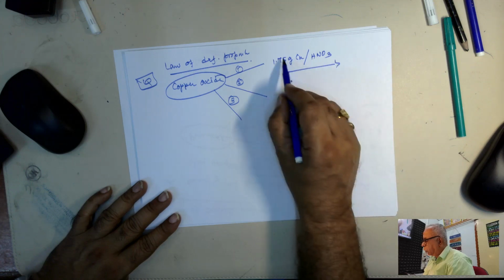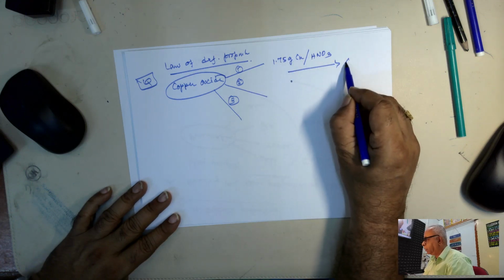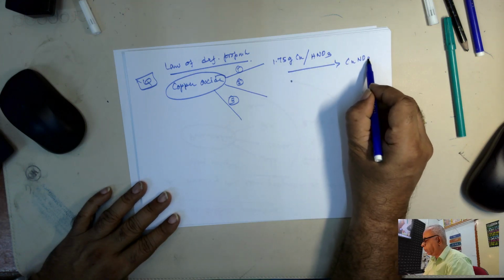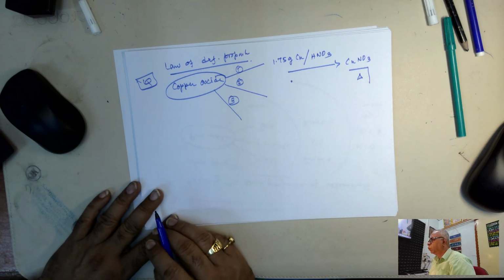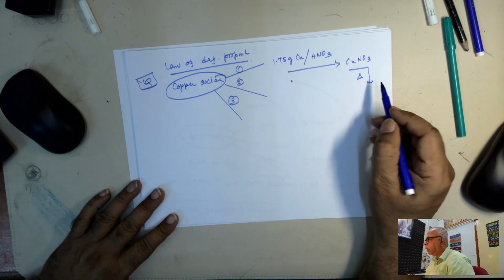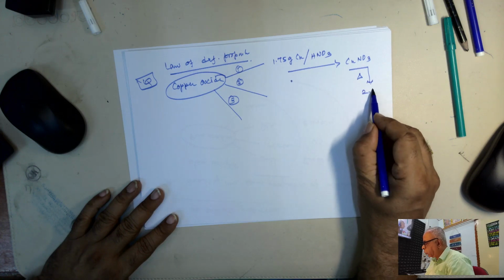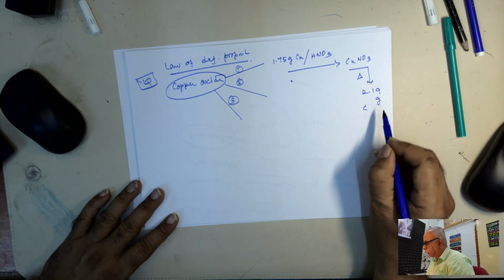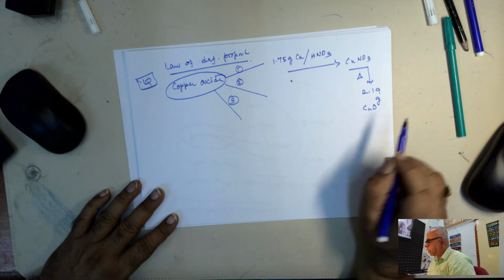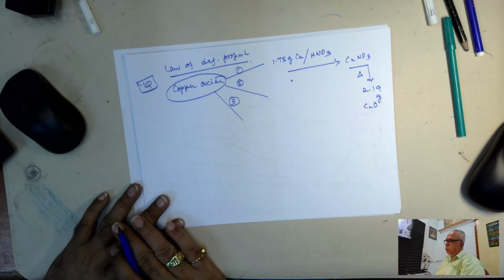So you are able to get copper nitrate here. Now we are igniting, heating it, so that it yielded 2.19 gram of copper oxide. Got it?